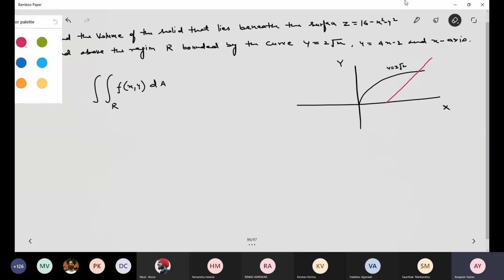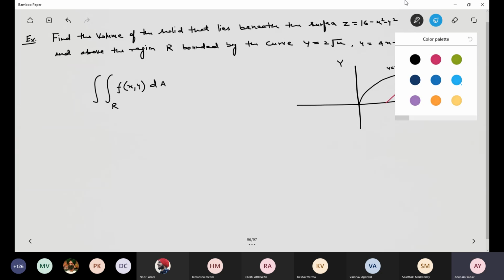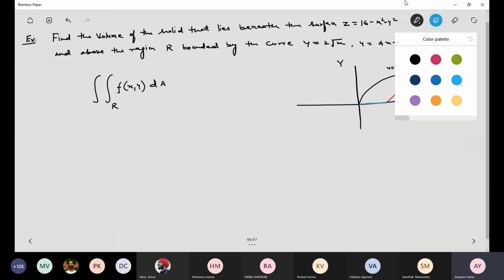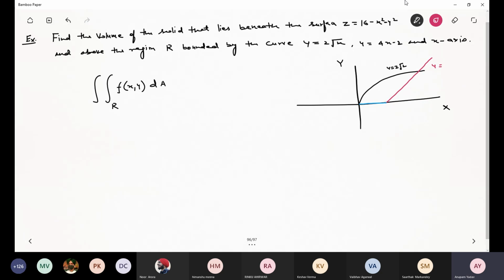The x-axis is this portion. So this is the region of integration, bounded by the line y equals 4x minus 2 and the x-axis, and above this region we have the surface z equals 16 minus x square minus y square. We can evaluate this volume easily: in place of f(x,y), simply write 16 minus x square minus y square.